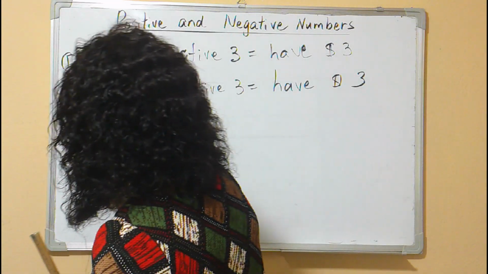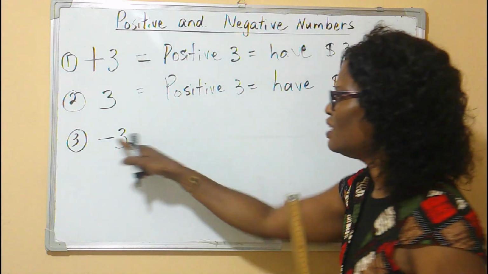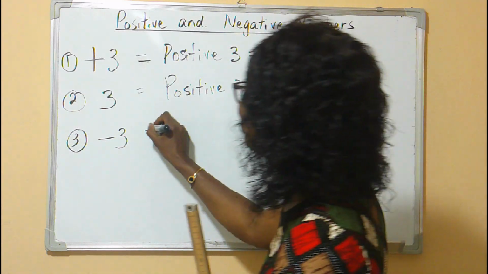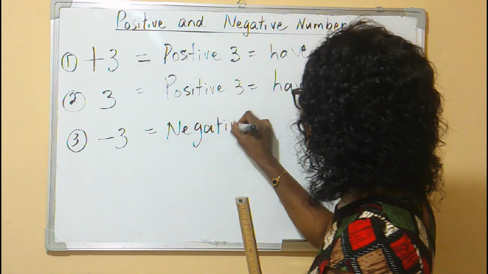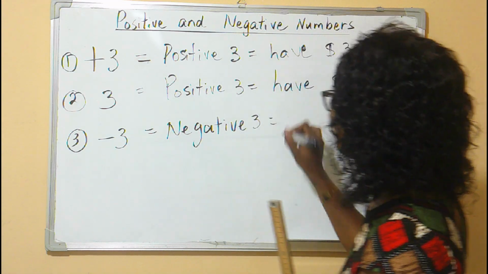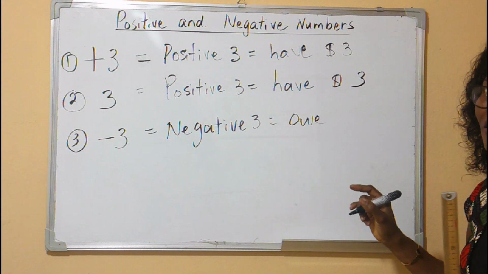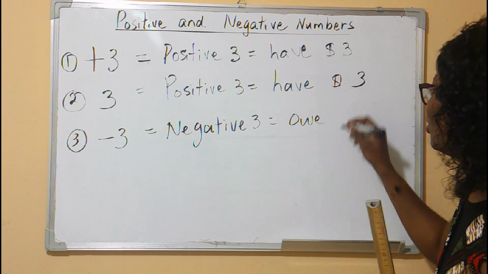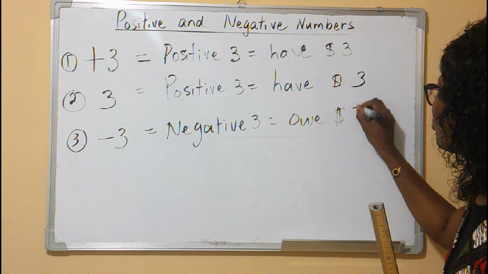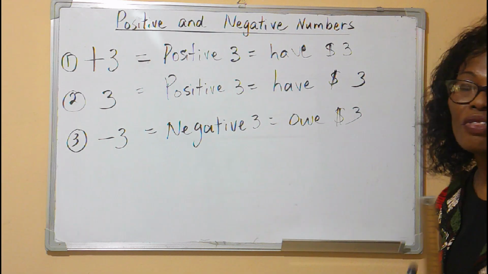Next one, last one. Now this sign means a negative 3. Meaning that, what do you think? Instead of having, what do you think is the opposite of have? Alright, I owe $3. I owe $3.